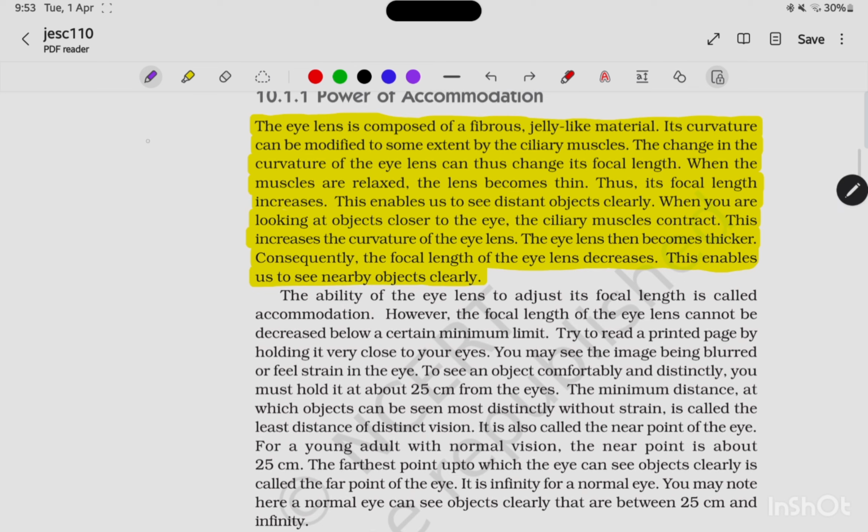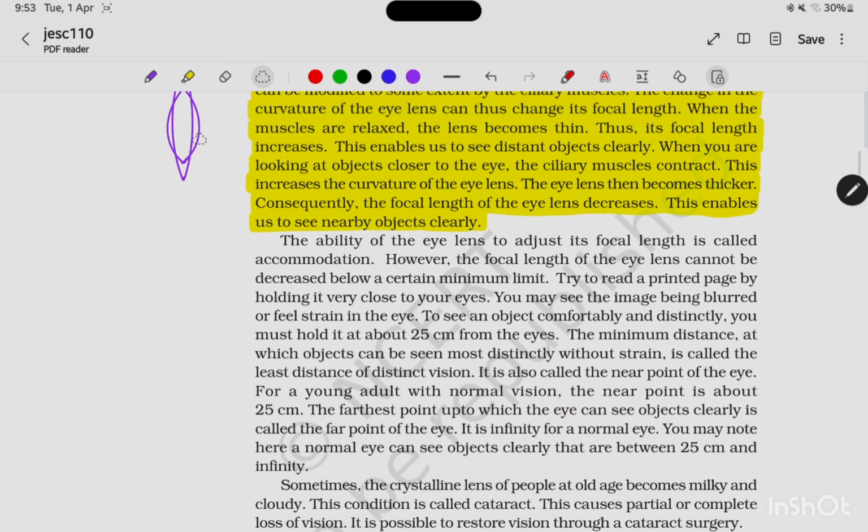Okay, but the thing is, when the lens becomes thin, and it was like this before, it was like this. How is the focal length defined? Can anybody say how the focal length is defined?